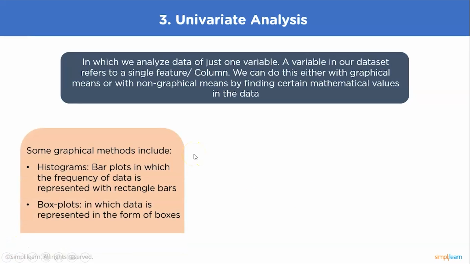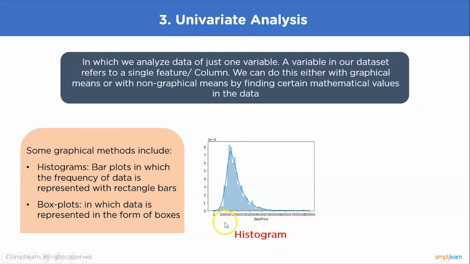Now, some graphical methods by which we can perform univariate analysis include histograms, which are nothing but bar plots in which the frequency of data is represented with rectangular bars. The height of the rectangular bars tells us how frequently the single data occurs in our dataset. This is what a histogram generally looks like.